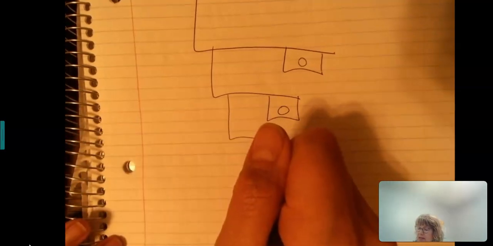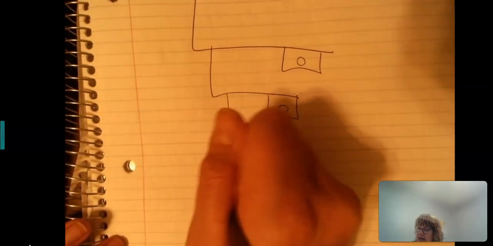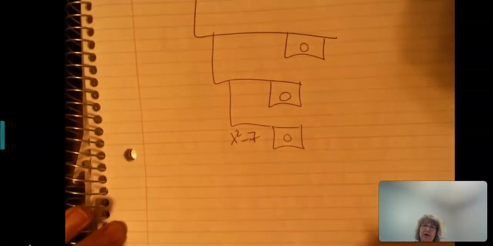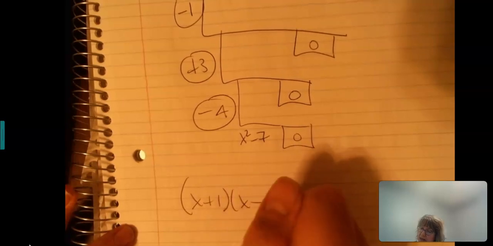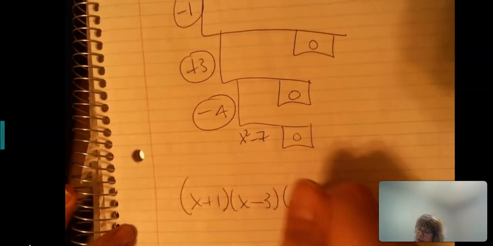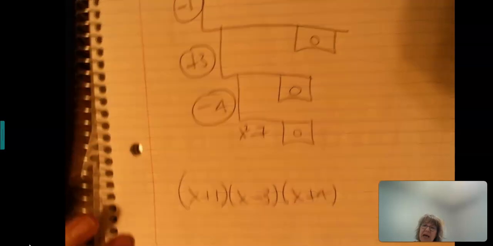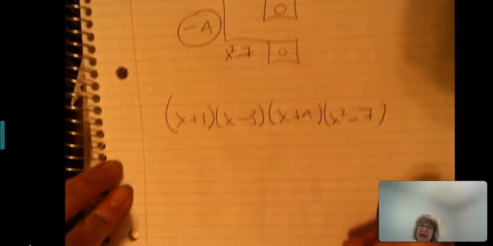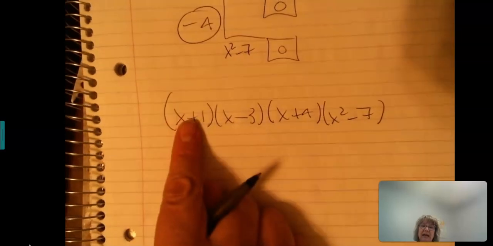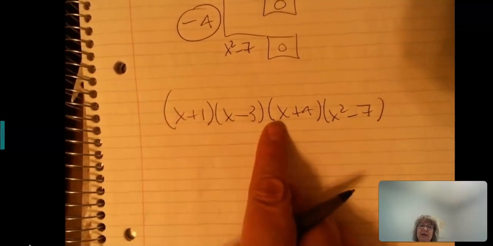Maybe what ends up here is x squared minus 7, and say you have, I don't know, maybe a -1, +3, -4. I know that those roots are x plus 1, x minus 3, because again, remainders of 0 mean roots or solutions or answers. So if I ask for rationals, -1 is an answer, +3, -4.